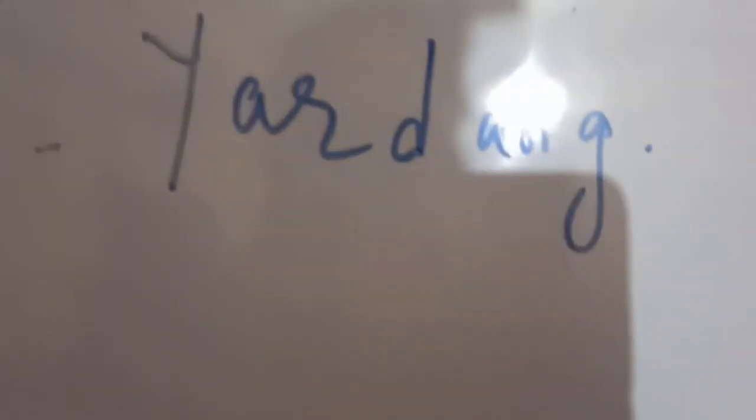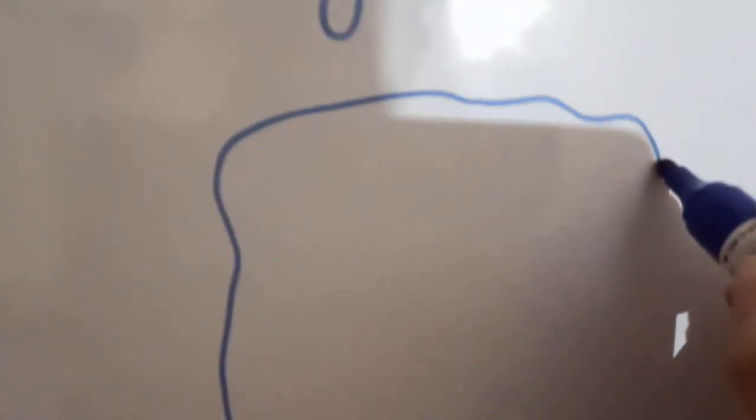Next is the yardang. Yardang is very similar to the zeugen, but the only difference is that in the zeugen the erosional alignment of the rock occurs in horizontal layers, but over here it works in vertical layers.